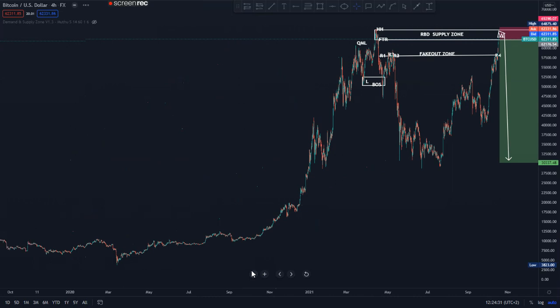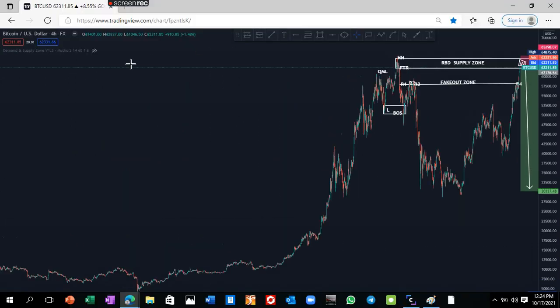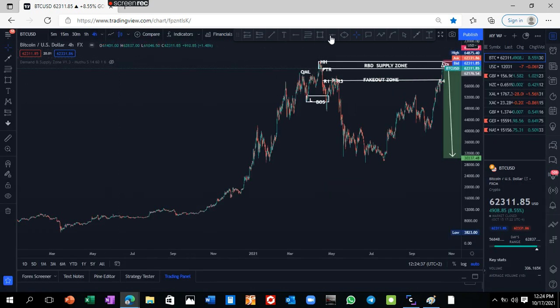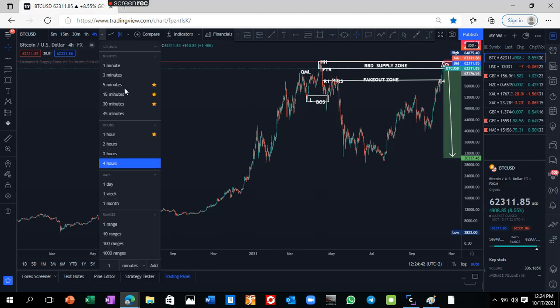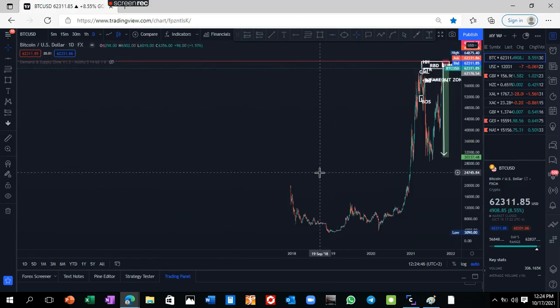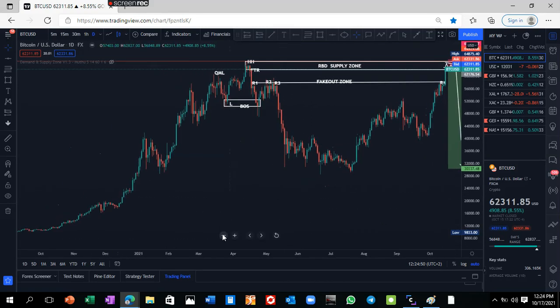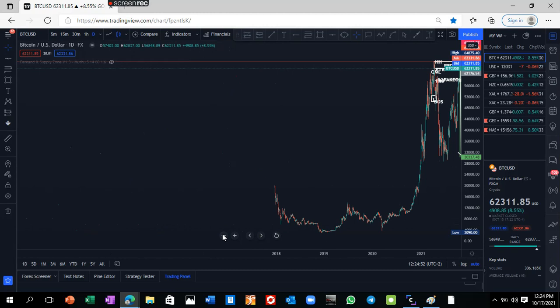So let's actually do that as well. Let's go to the daily and see. First of all, let's put a level here and make sure the market is not coming to this level several times. Let's make sure that we don't have any contact to this level. As you can see, not in a while, like nothing.